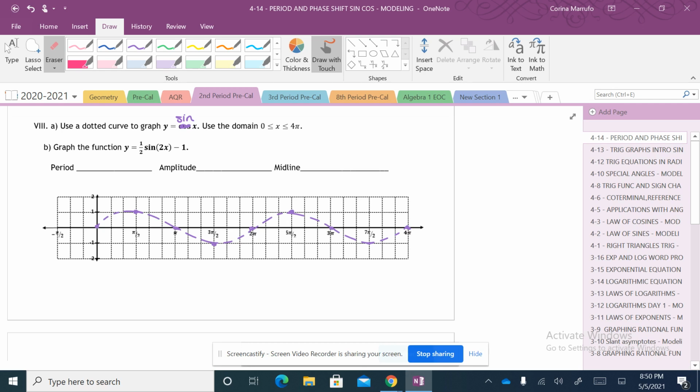Okay. So this minus 1 is going to move our graph down 1 unit. So if we were to move this down 1 unit, it kind of looks like this.